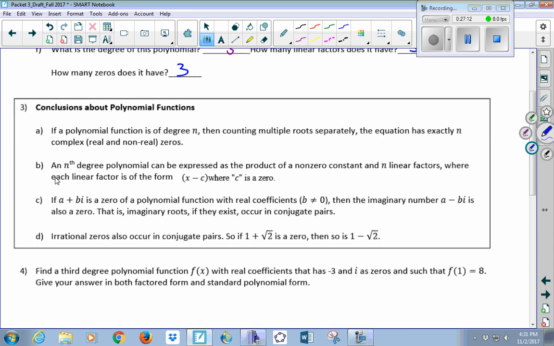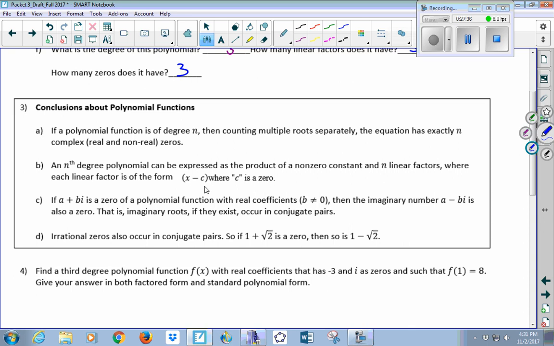And that's really cool. An nth degree polynomial can be expressed as the product of a non-zero constant and n linear factors. So you will always have the same number of linear factors as the degree, and each linear factor will always have the form x take away your zero.